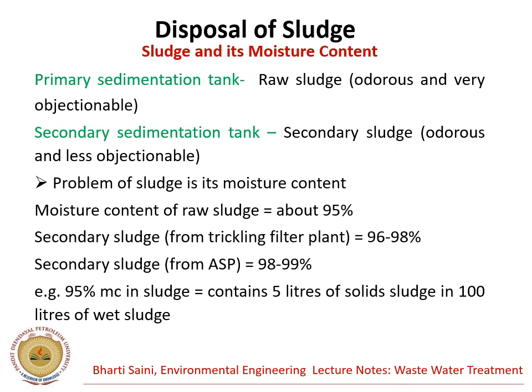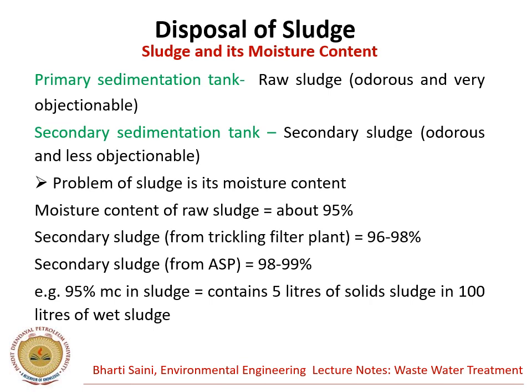Here some data are given. You can see the moisture content of the raw sludge is around 95%. If it is not provided in numerical problems, you can assume it in this range. Also the moisture content of the secondary sludge. Please don't be confused between raw sludge and secondary sludge.